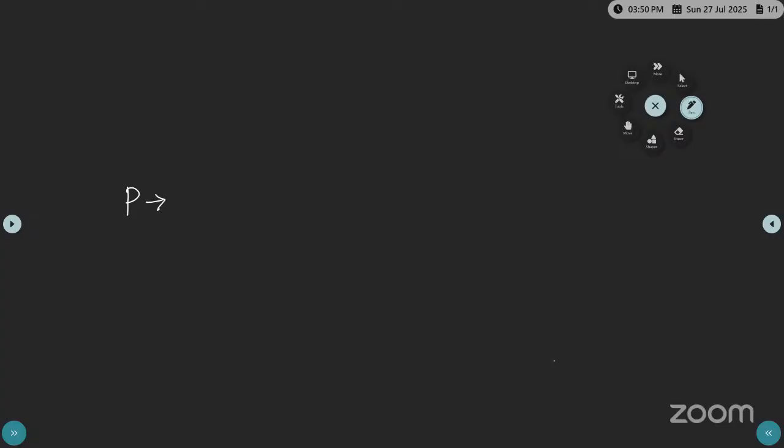So write down the logics there. P implies Q. Q implies R.